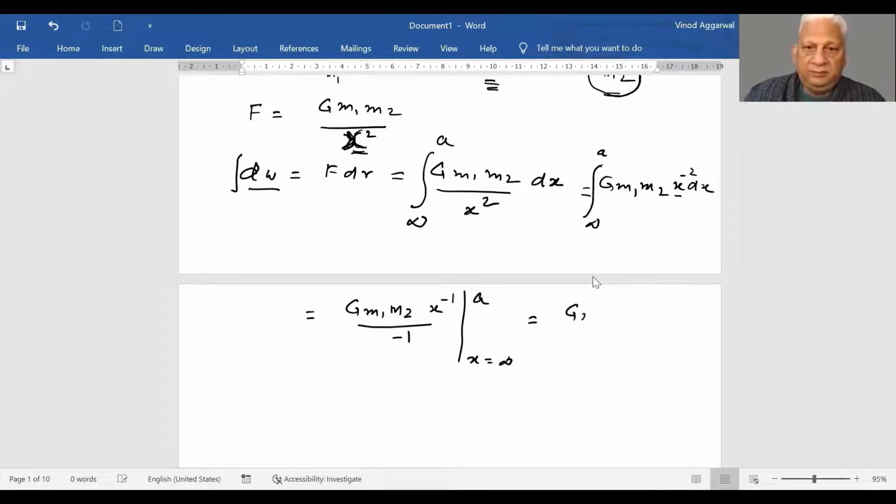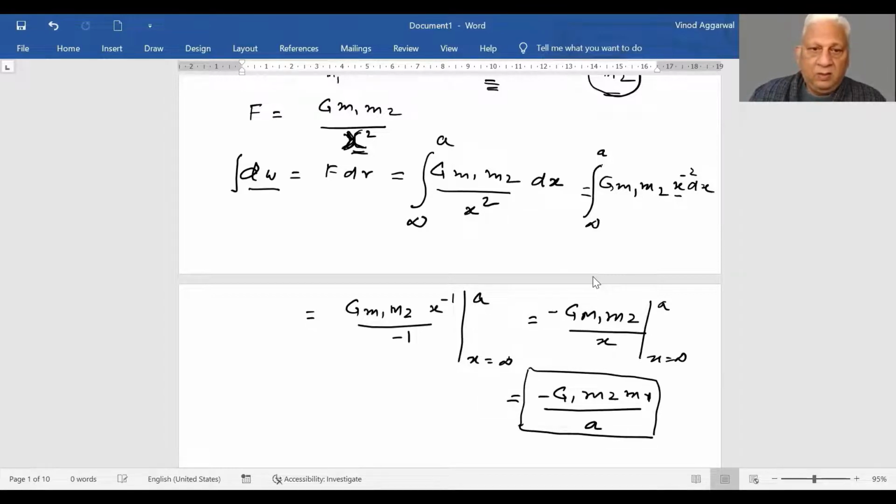So this becomes the total work done in bringing one body from infinity to that point.